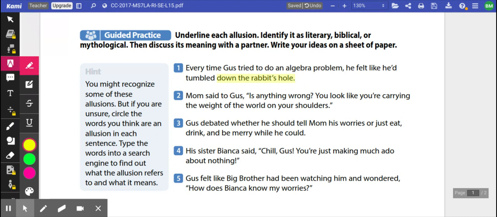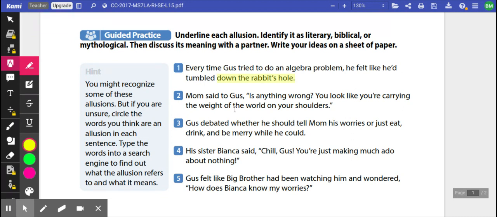If you look in your slideshow that goes along with this, you've got a drag and drop feature, and then some slides where you explain what you think. But as far as we're concerned right now, what type of allusion is this? I'll help you out and tell you that it's to Alice's Adventures in Wonderland. And maybe that'll help you out a little bit.